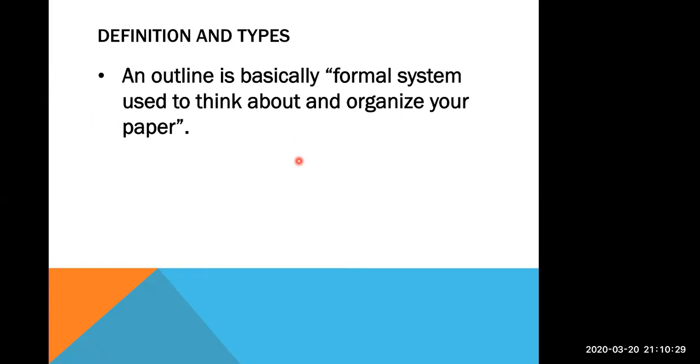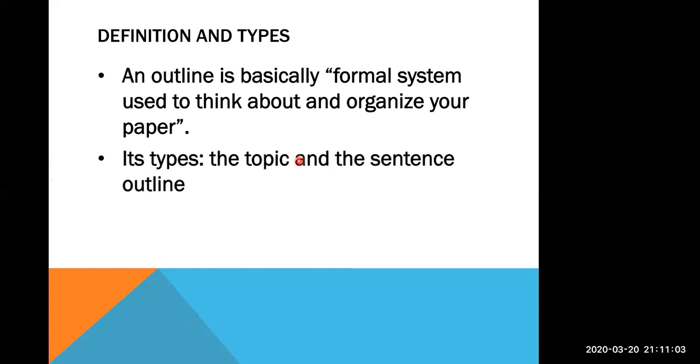This means, for instance, you can use an outline to see whether your ideas connect to each other, what order of ideas works best, or whether you have sufficient evidence to support each of your points. Outlines can be useful for any paper to help you see the overall picture. And this definition also goes in line with its major types.